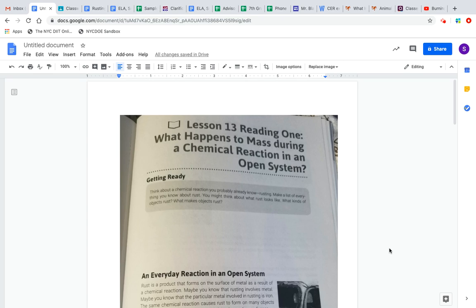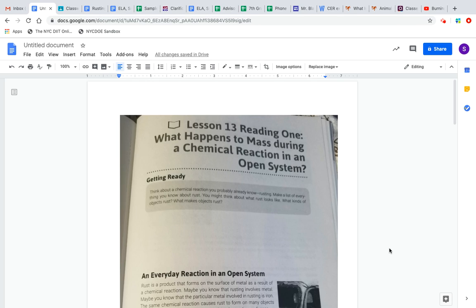All right, so the getting ready portion, which as you can see is taken from your workbook, it says, think about a chemical reaction you probably already know, rusting. Hopefully you guys have some information about rusting. Just think about when things rust. What does that mean? Make a list of everything you know about rust. You might think about what rust looks like, what kinds of objects rust, and what makes objects rust, what causes it to rust. So that was your getting ready portion.